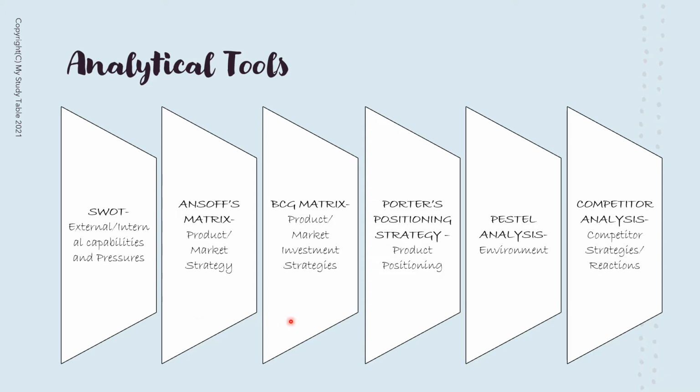BCG matrix, it is a product market investment strategy matrix. Porter's positioning strategy, which helps understand product positioning. PESTEL analysis, which is an environmental analysis. And competitor analysis, which helps understand competitor strategies and their reactions to our strategies.